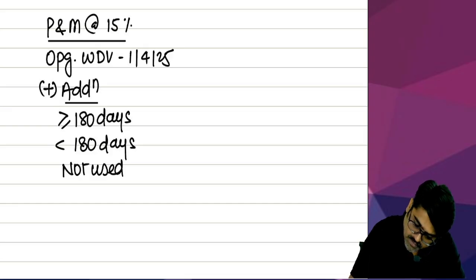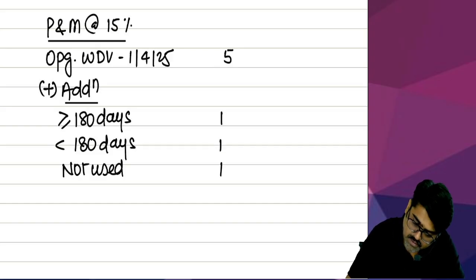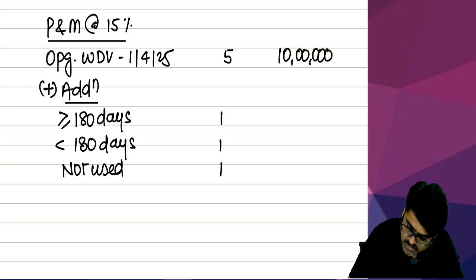So 5 assets are there. 5 assets having a value of 10 lakhs acquired in this year. 1 asset acquired 3 lakhs. 1 asset acquired 5 lakhs.